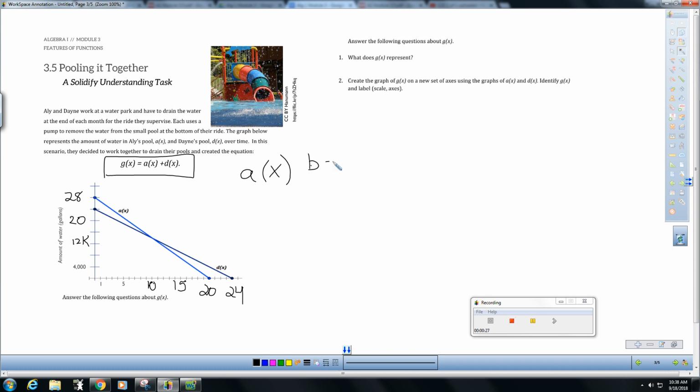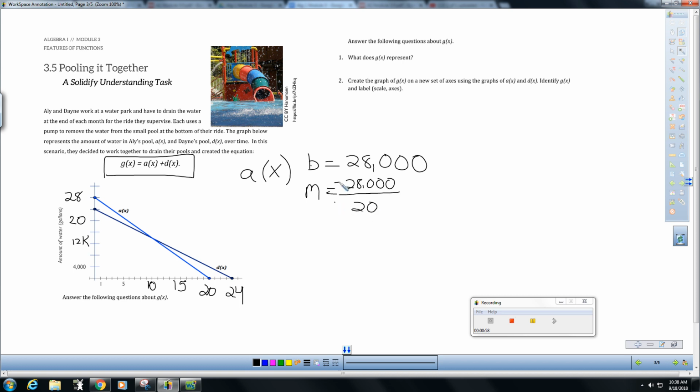I've looked closely at that, and the y-intercept for a of x is 28,000. To find the slope, it looks like these 28,000 gallons have been drained in 20 minutes.